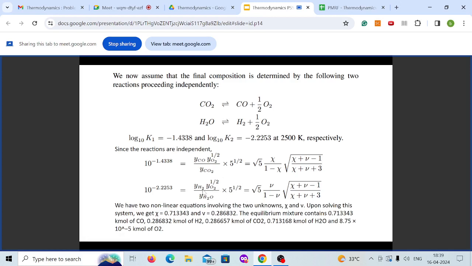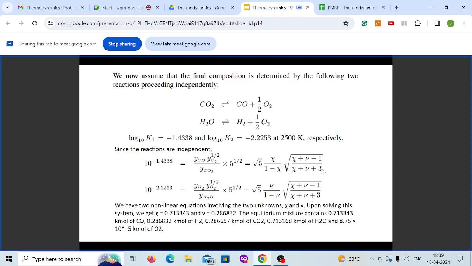Substituting the hydrogen, oxygen and water mole fractions which we found, we get root 5 v by (1 minus v) into root of (x plus v minus 1) into (x plus v plus 3). So now we have two expressions, and we can solve them to find x and v.